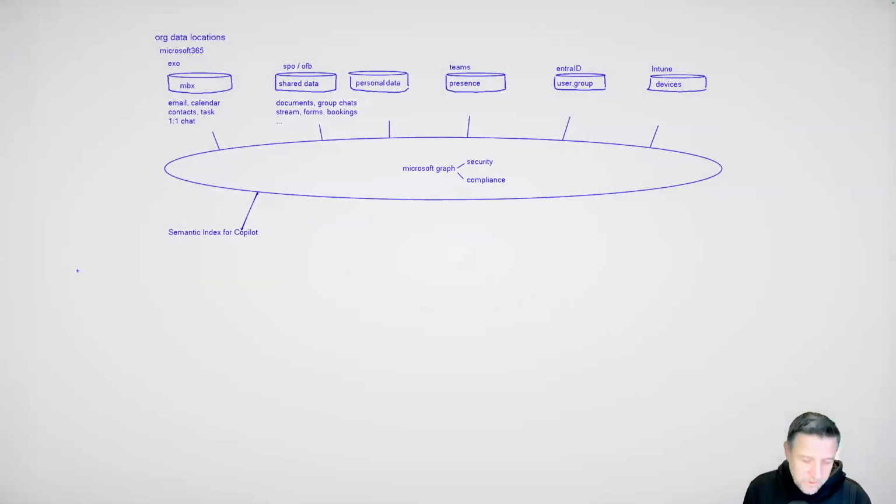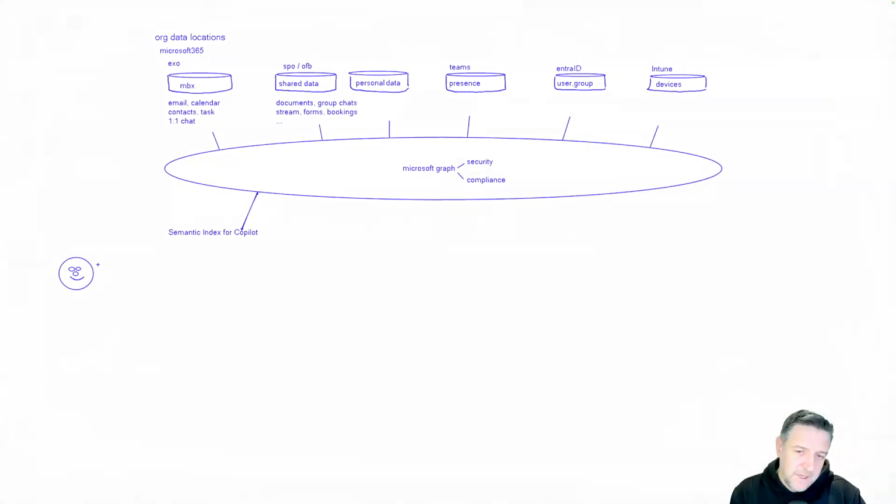So for every user that is making use of Copilot, the data shown as the result of the semantic index is going to be different, because I may not have access to a certain team. My coworker may have access to that team, and therefore we might see different results if we are searching for a specific piece of information because of the levels of access that we have.